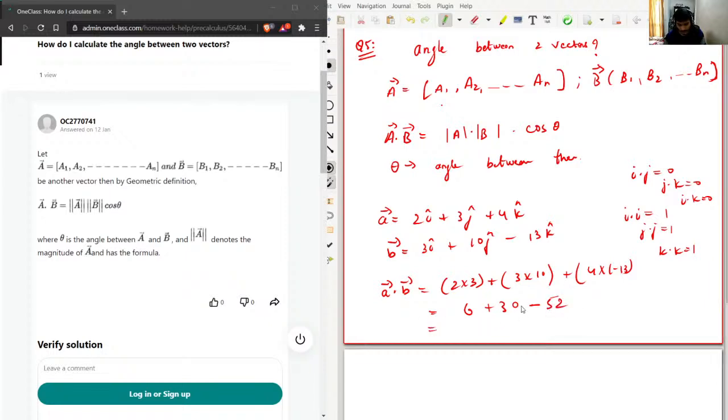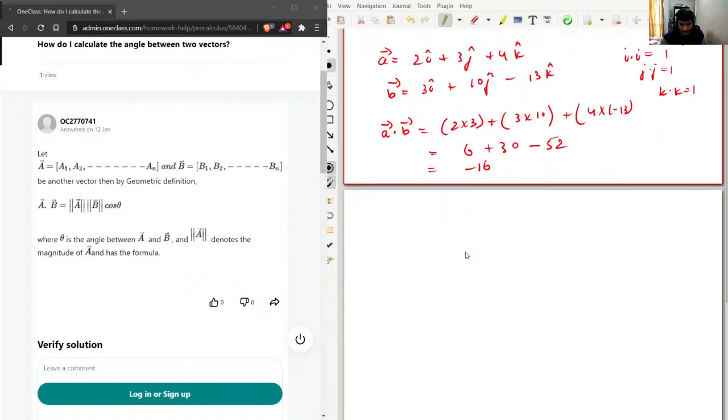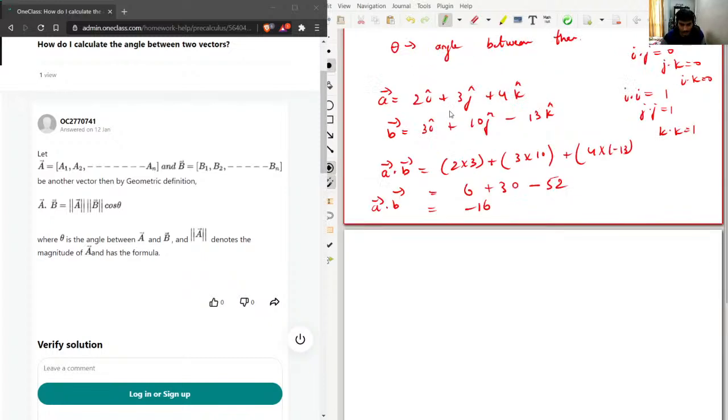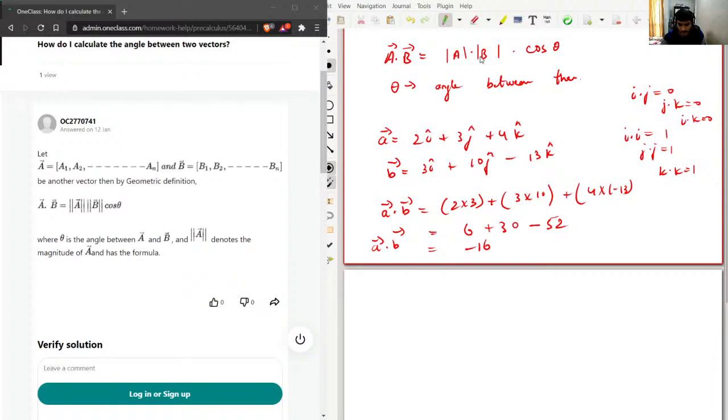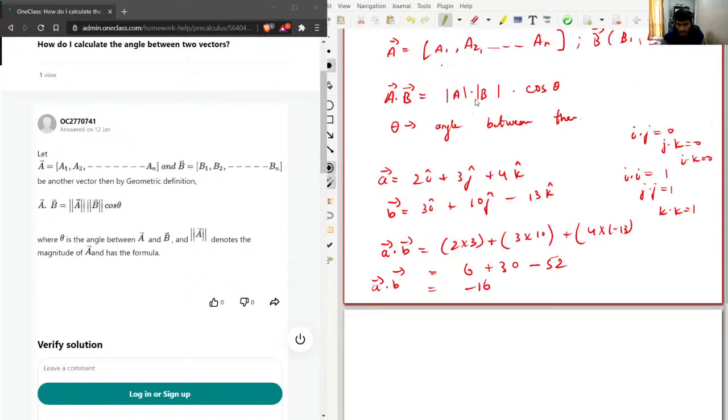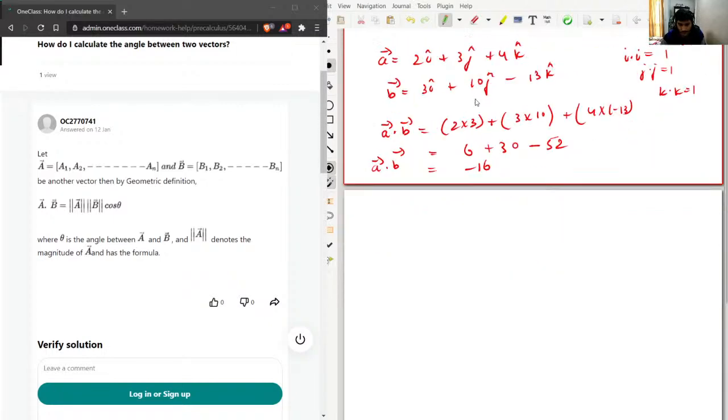And this will become 36 minus 52, negative of 16. So our a dot b is negative of 16. Now we'll go for the magnitude of both the vectors, because according to this formula we need magnitudes of both of them.